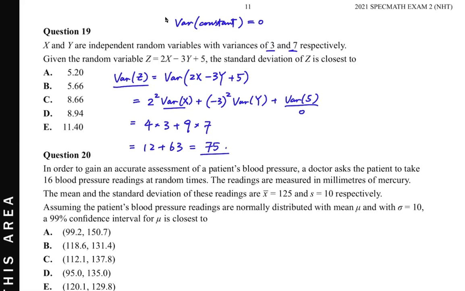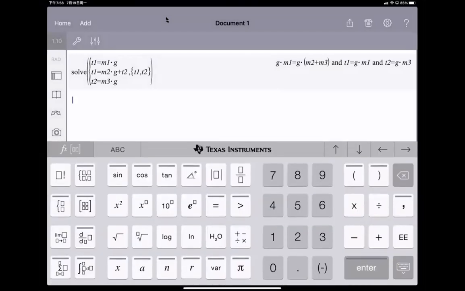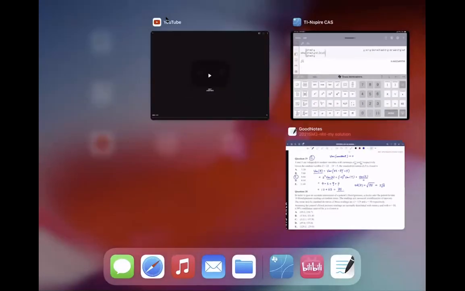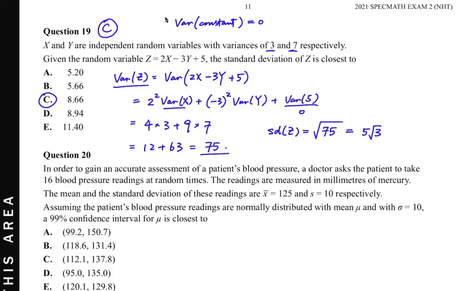Since your variance is 75, your standard deviation will be the square root of that. I suppose it's 5 times root 3, if I'm not mistaken. Should be 8.66 something. Let me double check. Well, I'm correct. 8.66.